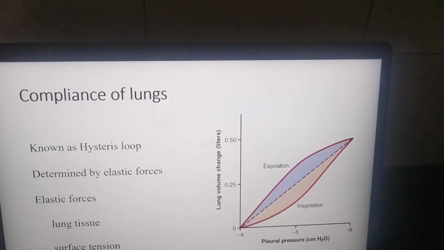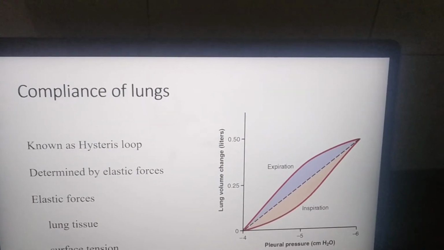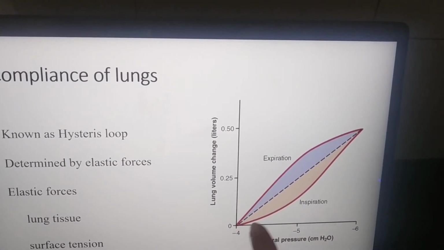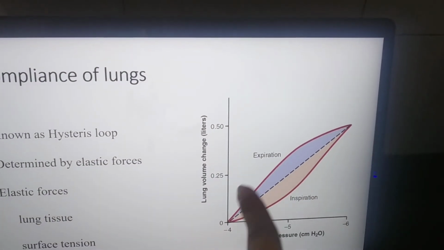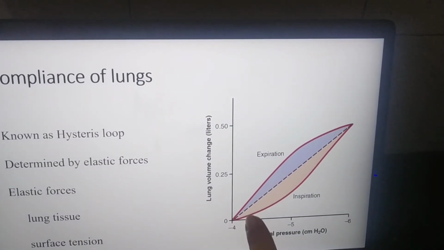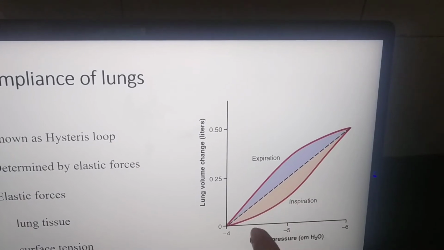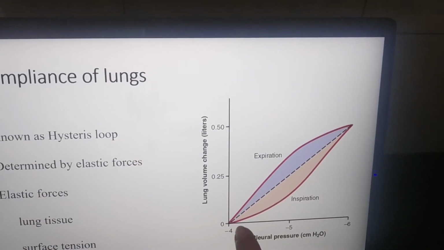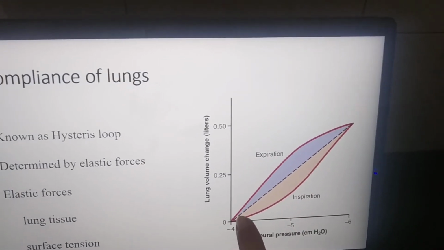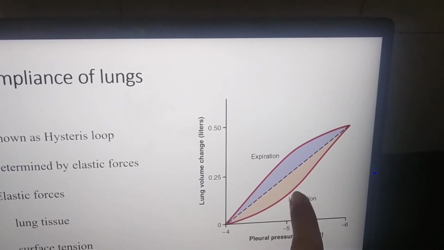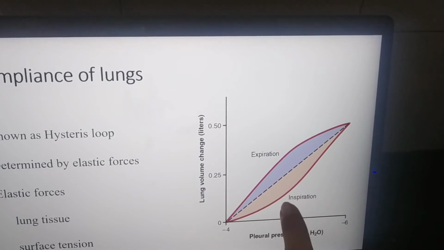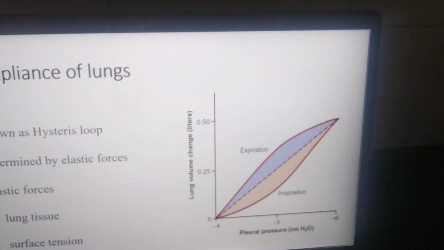Now the other point we have to note in this graph is that this is the start of inspiration, this is the end of inspiration, this is the start of expiration, this is the end of expiration. During inspiration, when the lung volume is very small, here is the steep portion of the curve at the start of inspiration.